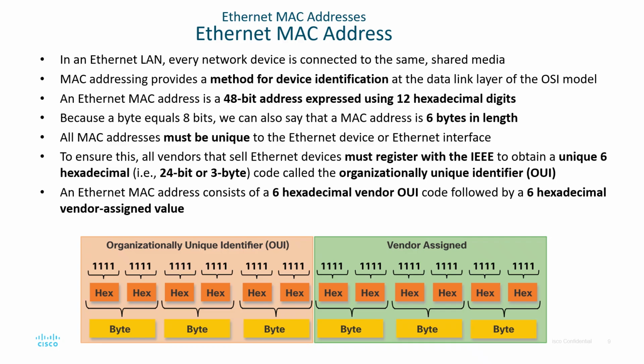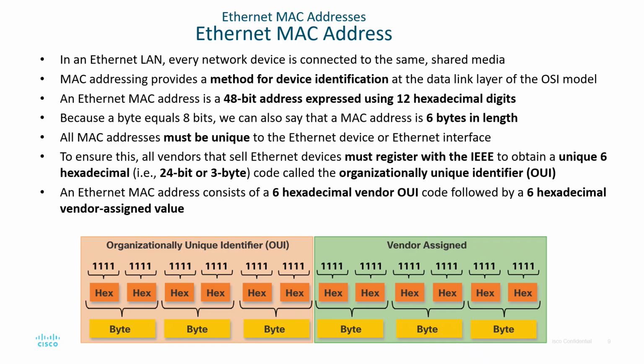Because a byte equals 8 bits, we can also say that a MAC address is 6 bytes in length. All MAC addresses must be unique to the Ethernet device or the Ethernet interface.